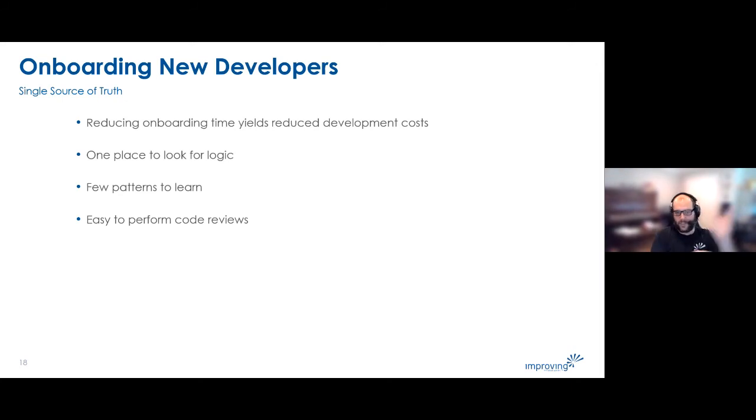It's, hey, it's there. You call this method and it works, right? There's less patterns to learn. They don't have to learn your way of doing it. It's call it. That's a method. It does it. Trust it. Code reviews become easier. There's less code to review. Therefore, there's less code reviews. Therefore, it's easier to develop.